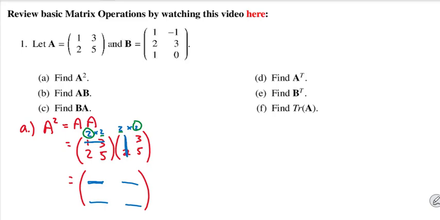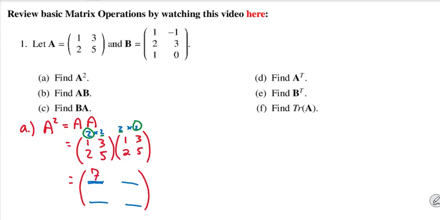That's how we defined matrix multiplication a long time ago. Okay, so let's actually do that. Multiplying this row to this column, I multiply together the 1 times 1 plus the 3 times 2, which gives me an entry for that matrix: 1 times 1 is 1, 3 times 2 is 6. That gives me an entry of 7.